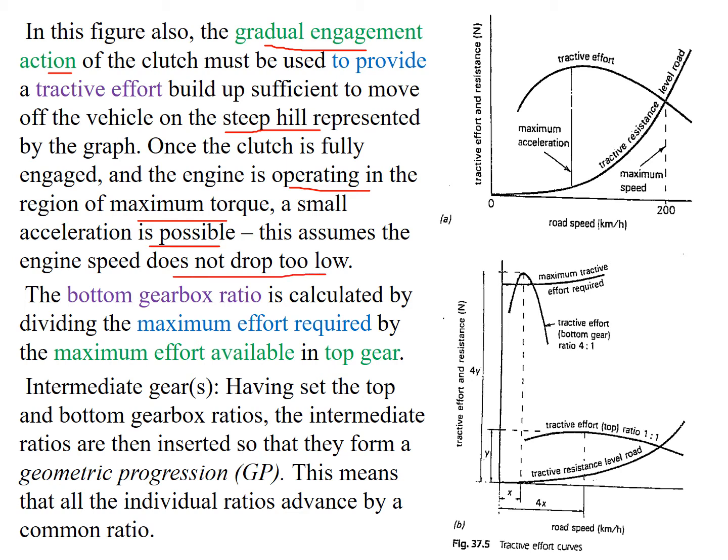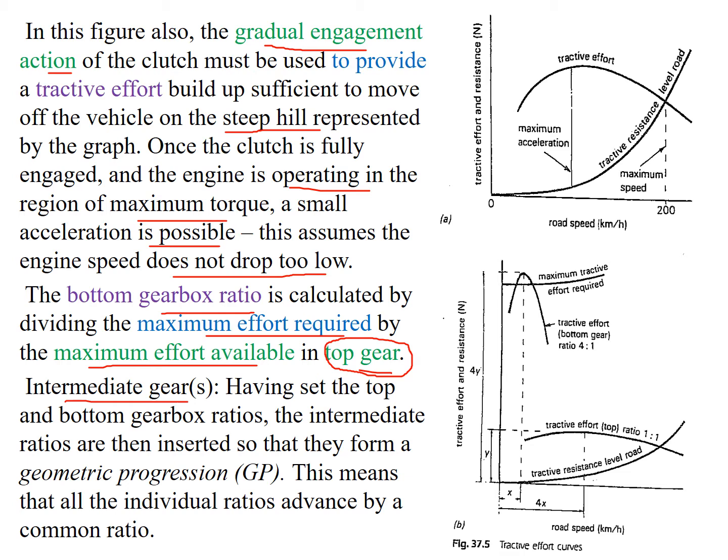So the bottom gear ratio is calculated by dividing the maximum effort required by the maximum effort available in top gear. So before you search for the bottom gear ratio, you will have to search for the top gear. The previous one we talked about the top gear ratio and the intermediate gears 3, 4.